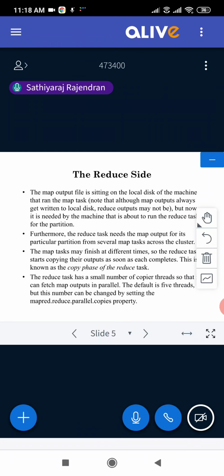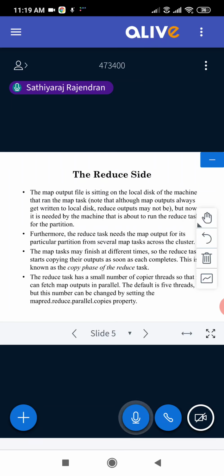Okay, so let us see the things that happen on the reduce side. So far we saw the map side, and now let us talk about the other side, the reduce side. The first important thing is that the output file returned from the mapper phase will reside on the local disk of the machine for the reducer process.